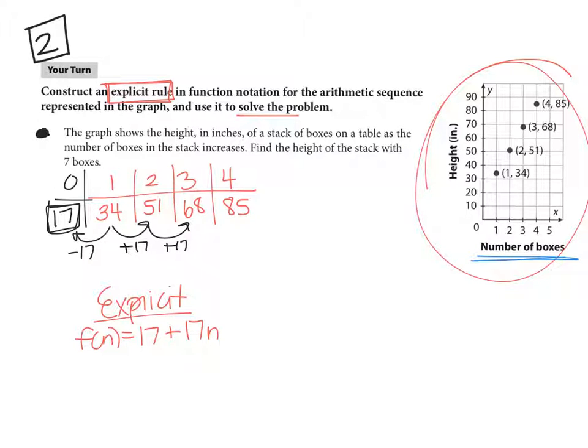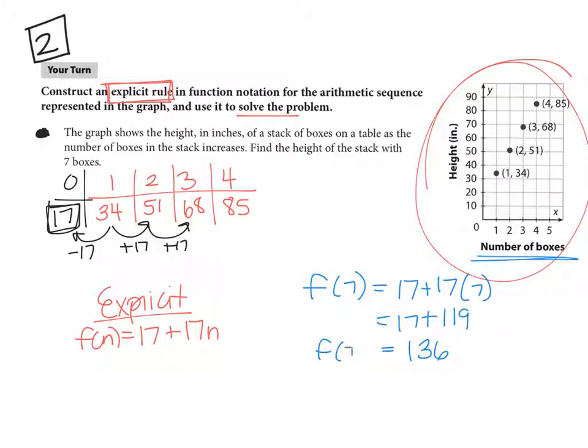That's an x value, so I'm going to find f of 7 equals 17 plus 17 times 7. All right, that's going to give me 17 plus 119, which is going to give me 136. So what that means is that the height of 7 boxes stacked up would have been 136 inches.